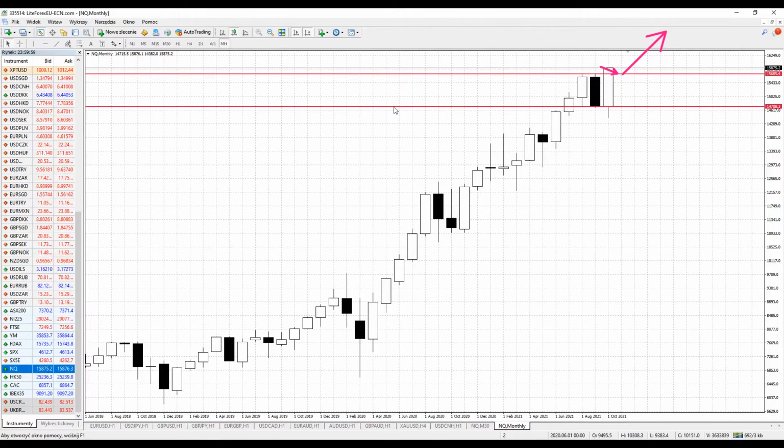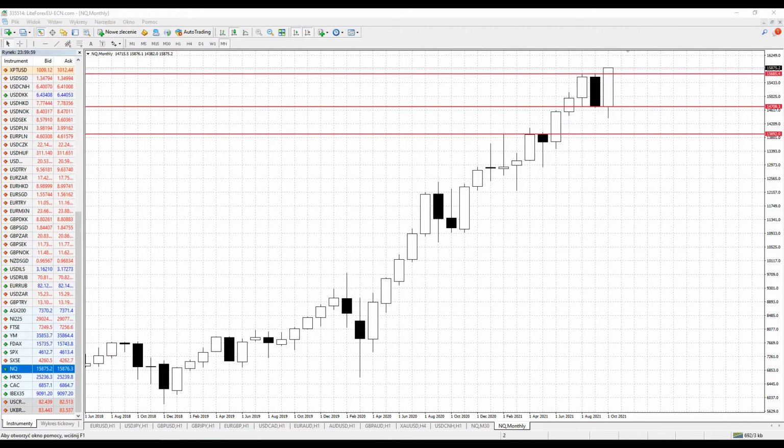And then again an untested zone, 14,000, right? Now when it comes to the supply, it's an untested zone, guys.